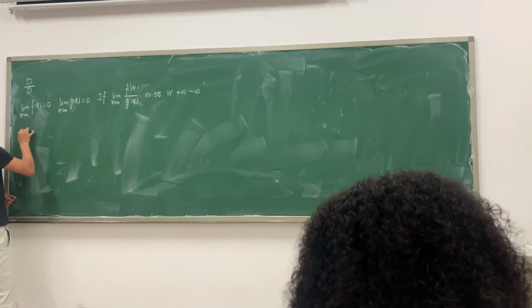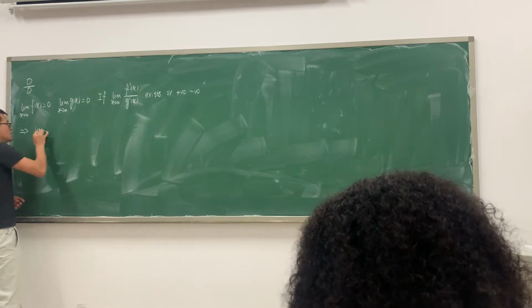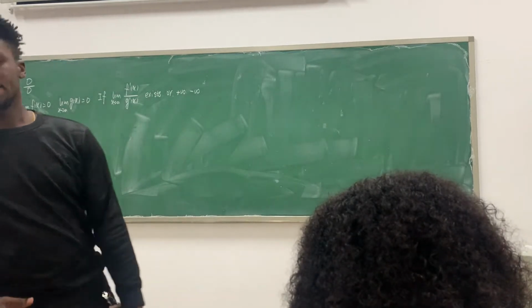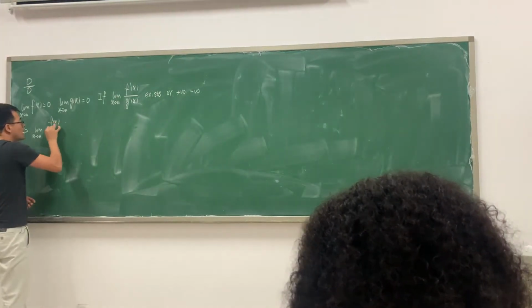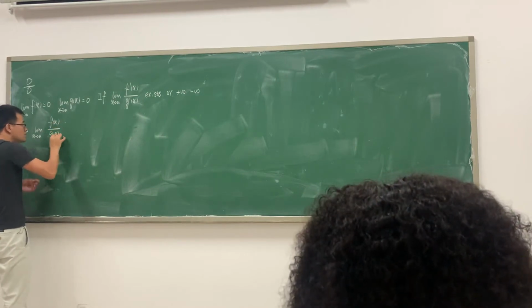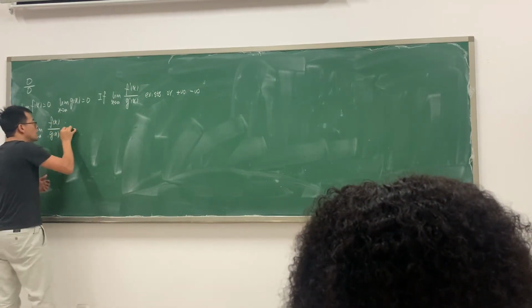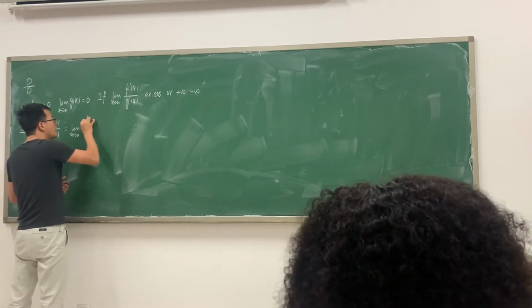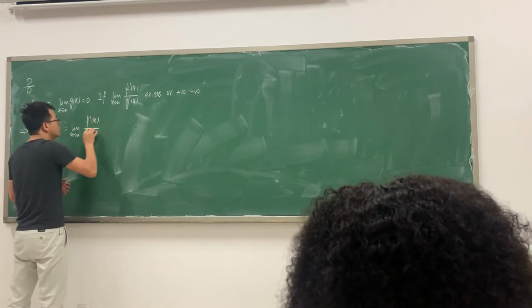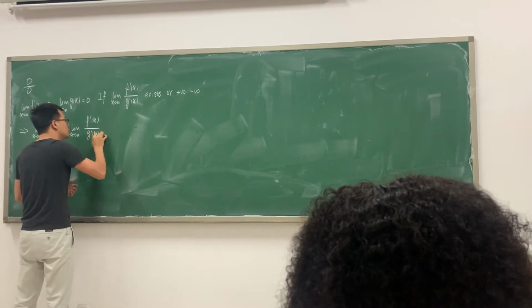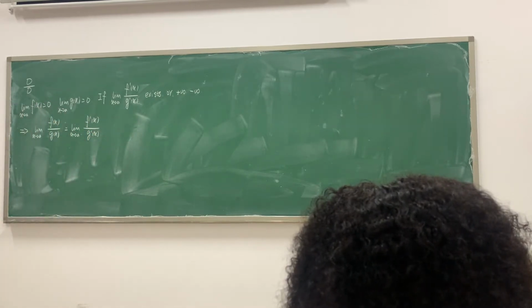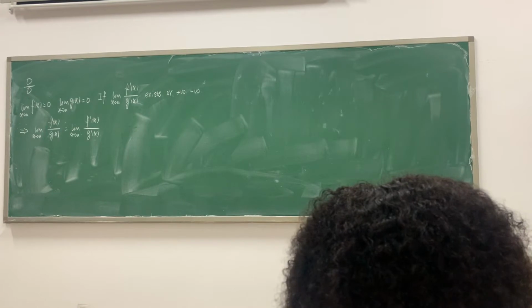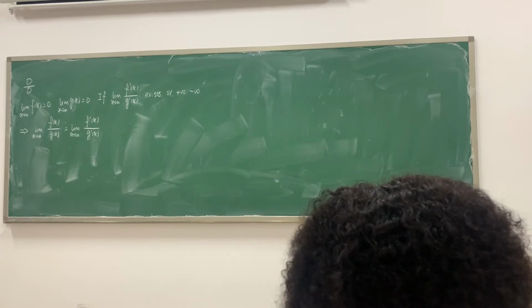then we have the limit as x approaches a of f(x) divided by g(x). This limit equals what? It equals the limit as x approaches a of f' divided by g', okay? So this is the indeterminate form of 0 by 0.